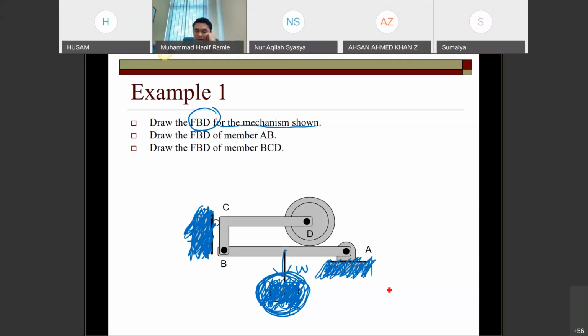Point A. We look at point A first. How many reactions occur at this point A? It is a pin mechanism. So one moment. No. Pin, the previous one that I showed you.